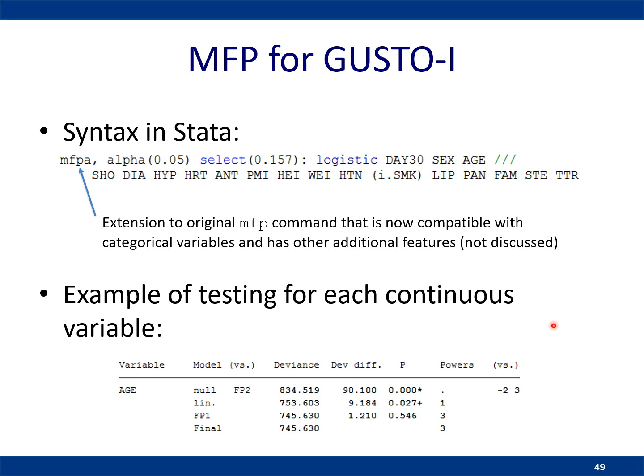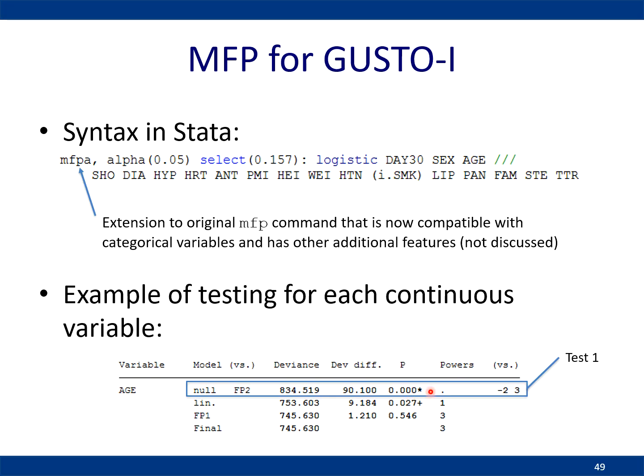So now let's look at the testing procedure for a particular continuous variable. Let's consider age. Here the first test that is carried out compares the null model, so that's the model without age, to the most complex function, which is an FP2 term, which here was selected as the powers of -2 and 3, and here we can see that this p-value is significant.